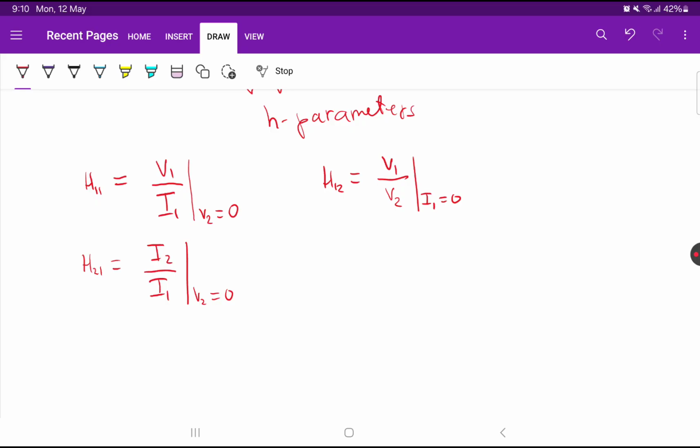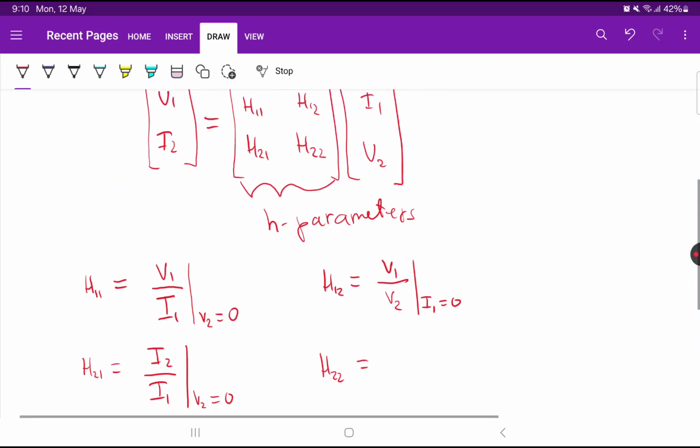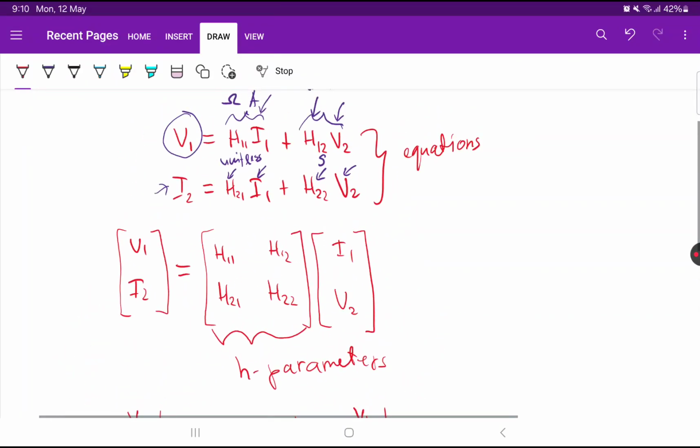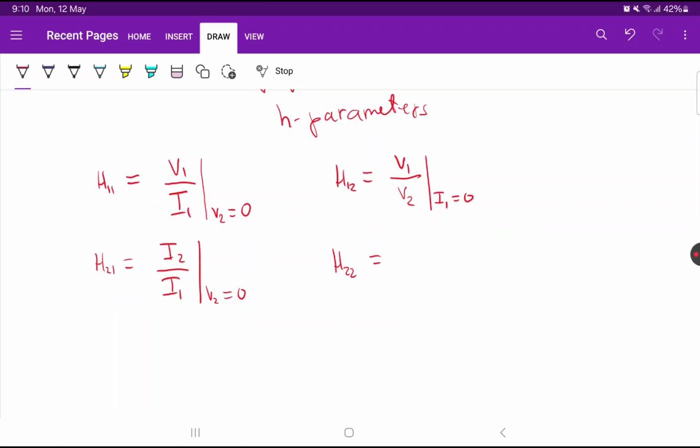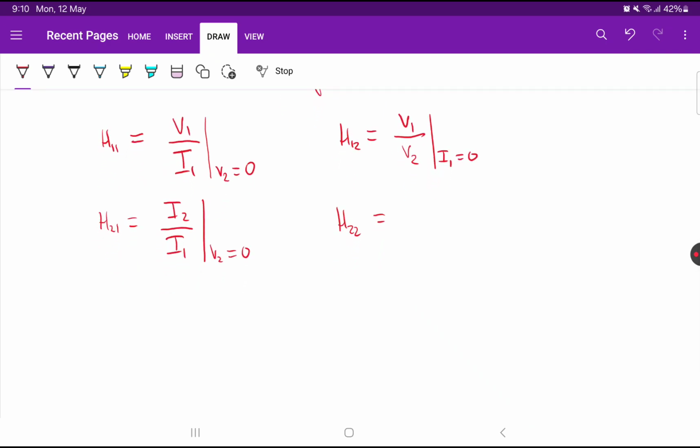Then for H22, it's not unitless. The unit is actually in Siemens. So to come up with the Siemens, I just need to reverse the formula for the impedance, which is V over I. I'll just make it I over V. I2 divided by V2, so that the output will be Siemens, the unit for admittance.